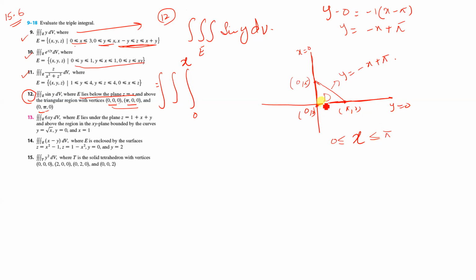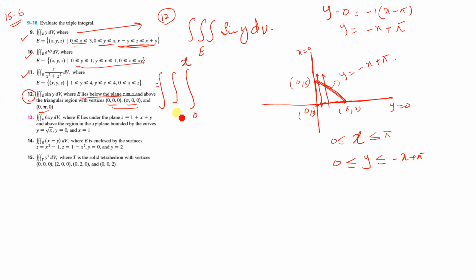And for the bounds of y, we can draw vertical lines. We have already learned this in the previous video. So y is bounded below by this line, along which y is equal to 0, that is, y is greater than or equal to 0. And y is bounded above by this line, along which y is equal to -x plus pi. So y is less than or equal to -x plus pi.